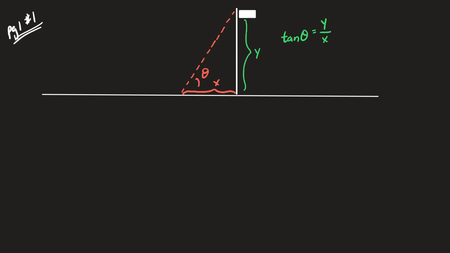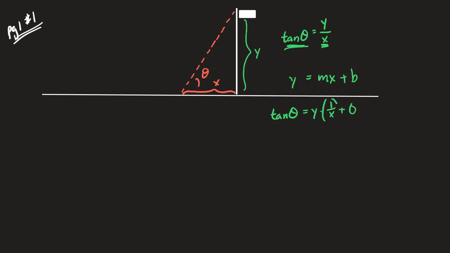To do so, you would probably have to do something to x and tan theta to graph it, so that the slope is y. Probably the best way to do that would be to remember that y equals mx plus b. So for this problem, tan theta equals y times 1 over x plus 0.